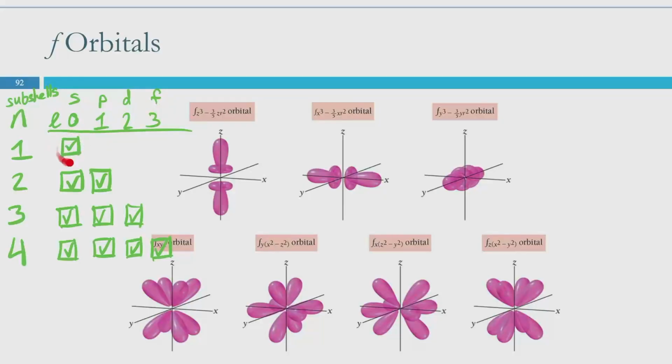So S shows up for the first time in n equals 1, P shows up for the first time in n equals 2, D shows up for the first time in n equals 3, F shows up for the first time in n equals 4. And they show up in all of the higher n levels as well. So we see them for the first time in 1, 2, 3, and 4, but they'll still show up later on. So like n equals 5, I'll do it in a different color. 5 is also going to have all 4 of these.